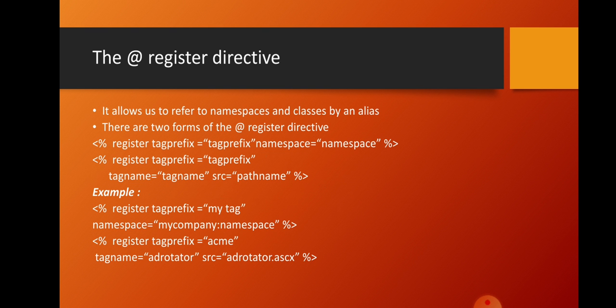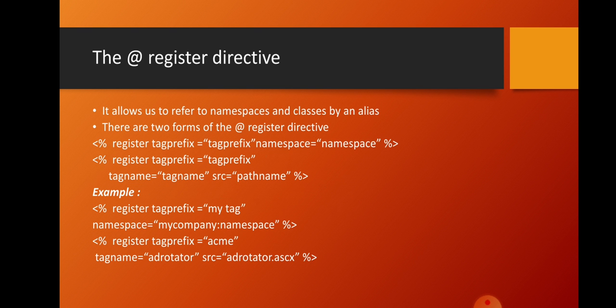Next, the register directive. Already we discussed the register directive. It will specify the name for the namespaces. It comes in two forms. One is register tag prefix equal to tag prefix, namespace equal to namespace.